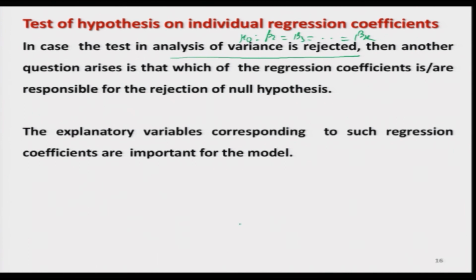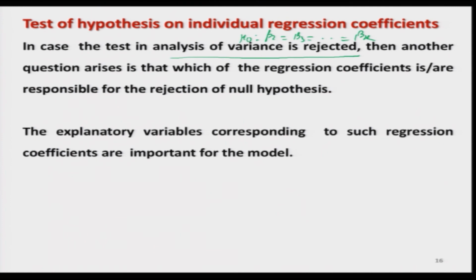That means, okay, I agree that they are not equal, but which are the components creating this trouble? Which are the regression coefficients that are not equal to 0 and not equal to the others, which are making this hypothesis to be rejected?